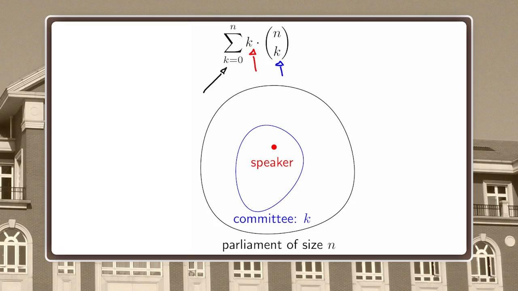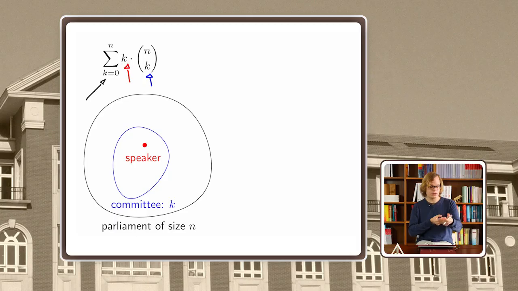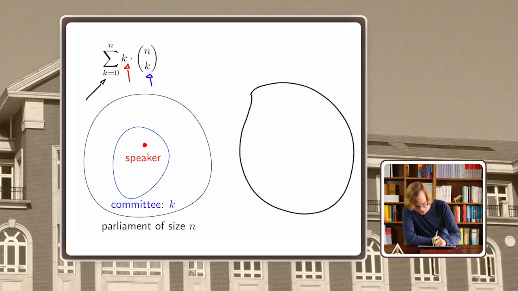So this is our interpretation of this sum. You have a parliament of size n, you select a committee, and once you have the committee, you select the speaker.